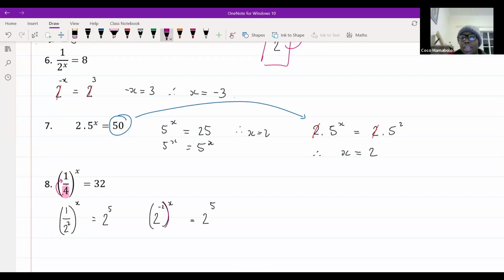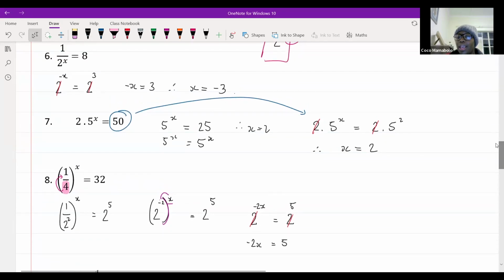I see a bracket and an exponent. I can multiply those two things in. So what I actually have is 2 to the power of negative 2x is equal to 2 to the power of 5. My 2's will cancel, my bases will cancel, and I will then have negative 2x is equal to 5.